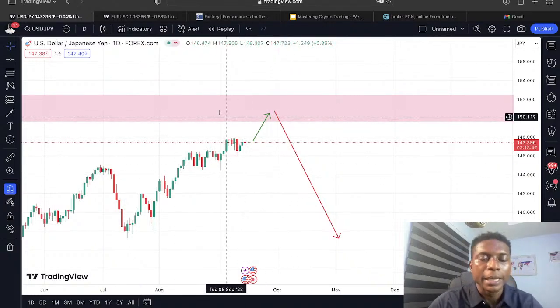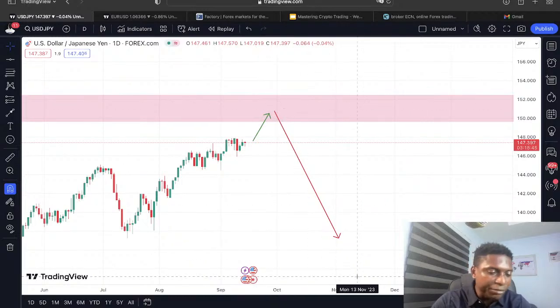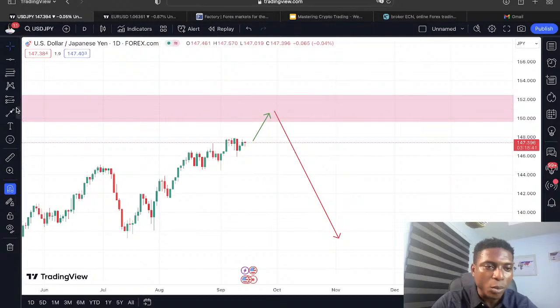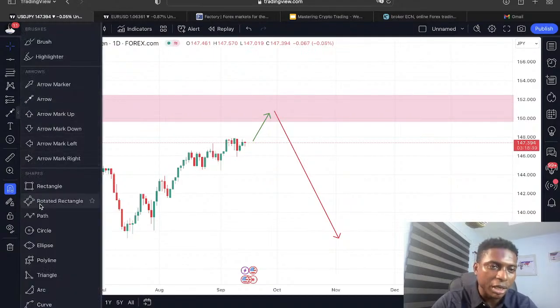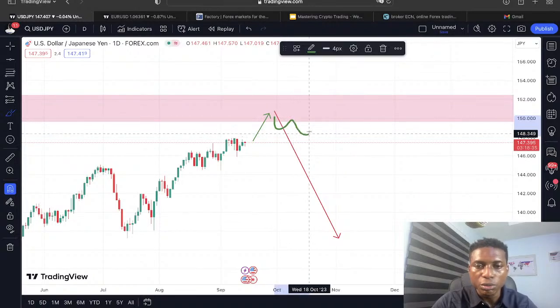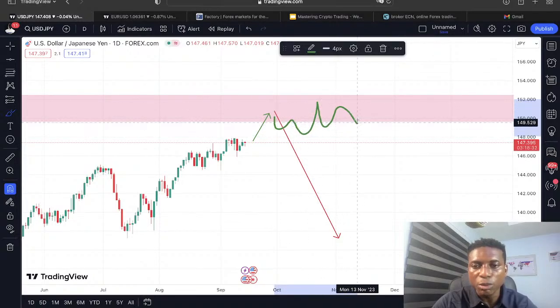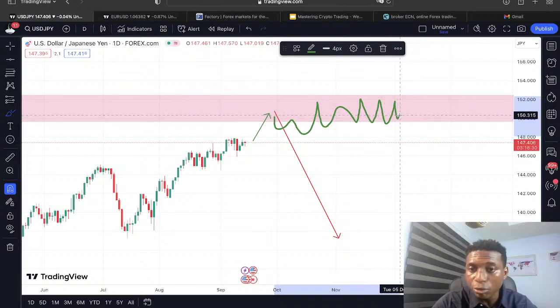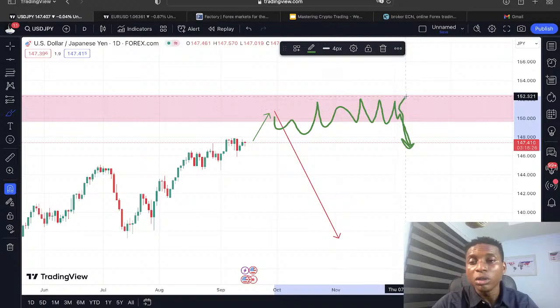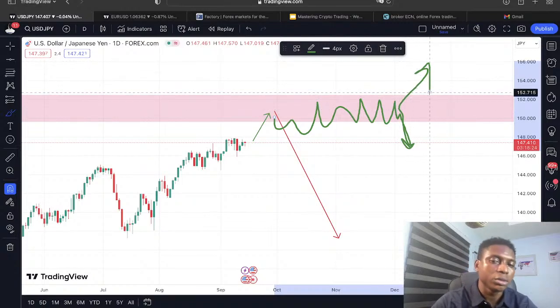Either there is a massive rejection or price would rally at this level for a while before deciding to break out. So we might just see price rally around, going up, coming down, just lurking around this level, before deciding if to fall further or if to break out upward.